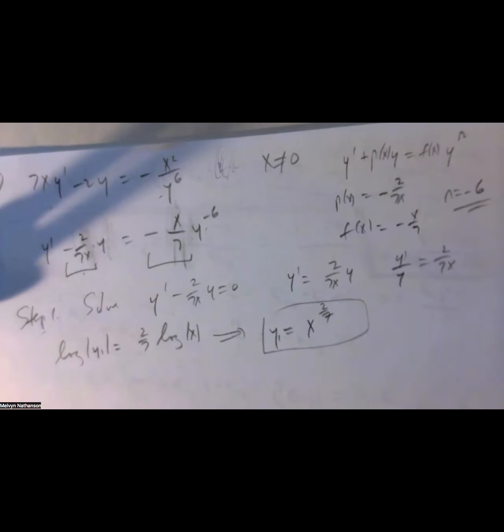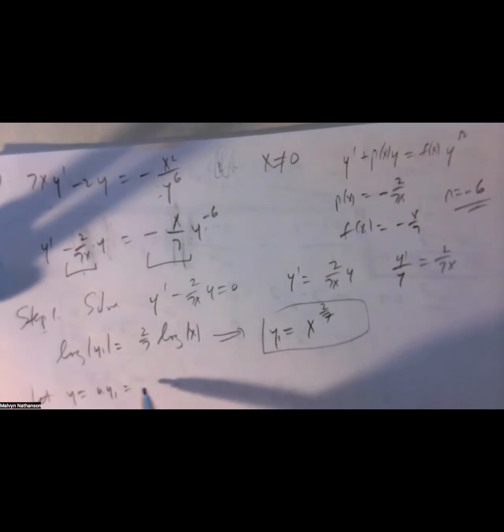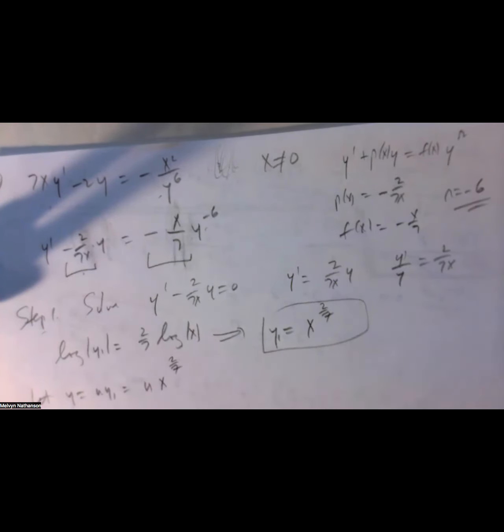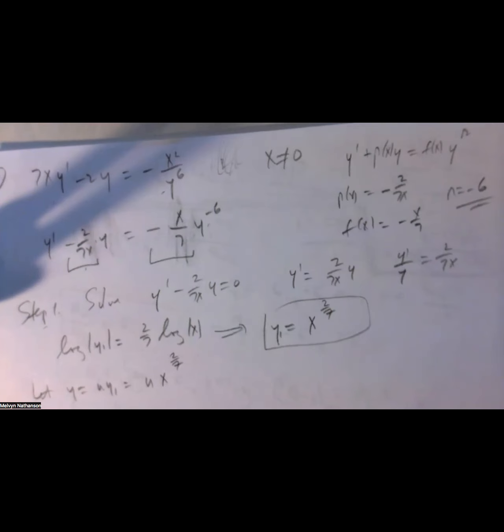So now I let y equal u y1, which is u times x to the 2/7. And let me plug this into my differential equation. Y prime minus 2/7x y.